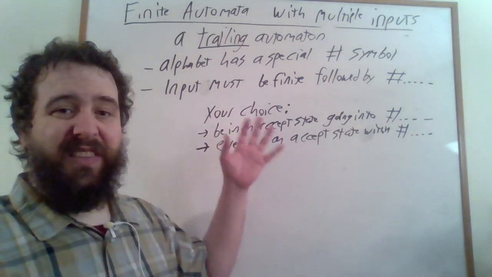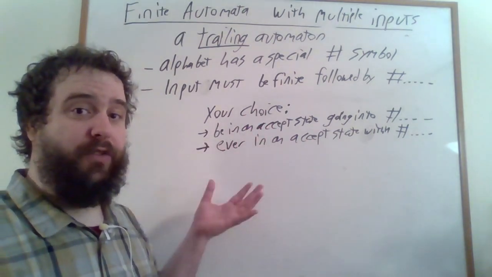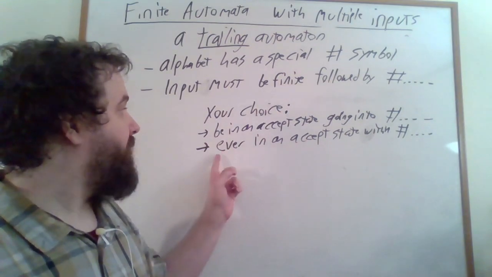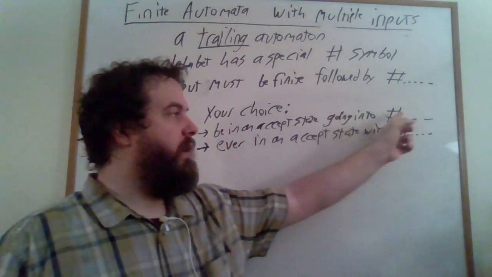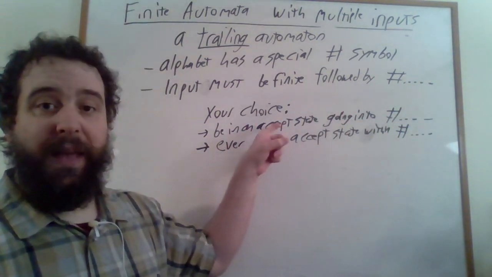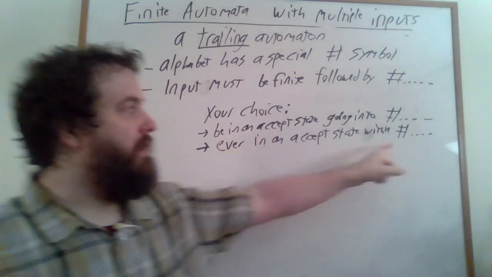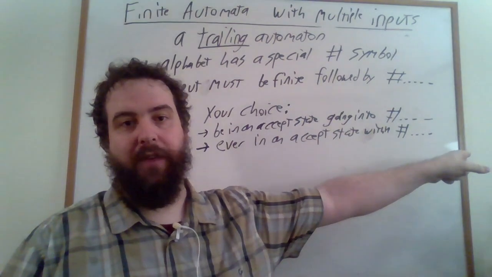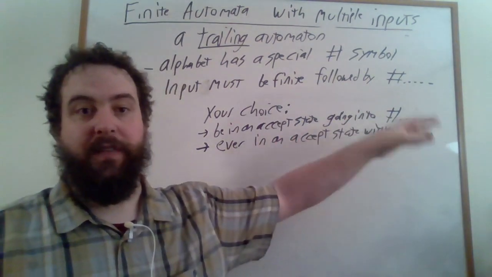And it turns out that this choice really doesn't matter in terms of what we decide to be a regular language or not. If we have an automaton that looks like this, we could turn it into an automaton of the first form by simply expanding the accept states to include anything where, if you read a whole bunch of octothorpes afterwards, you would wind up going into an accept state at some point.